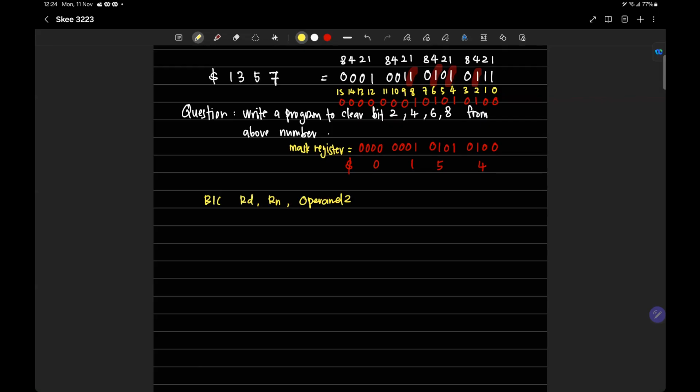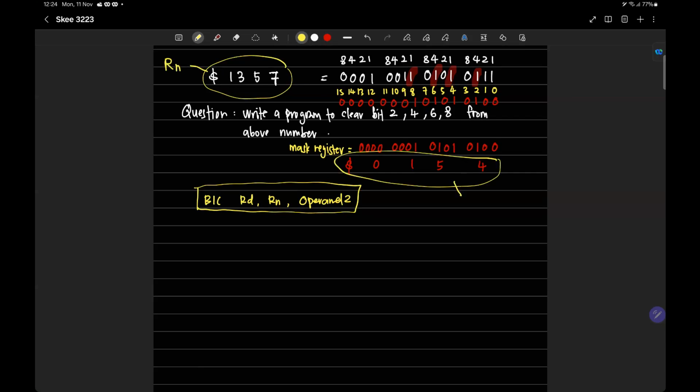This is the syntax, so we need to follow this syntax. First, we make sure this number goes to your RN, your first operand, and the mask register number goes to the second operand.